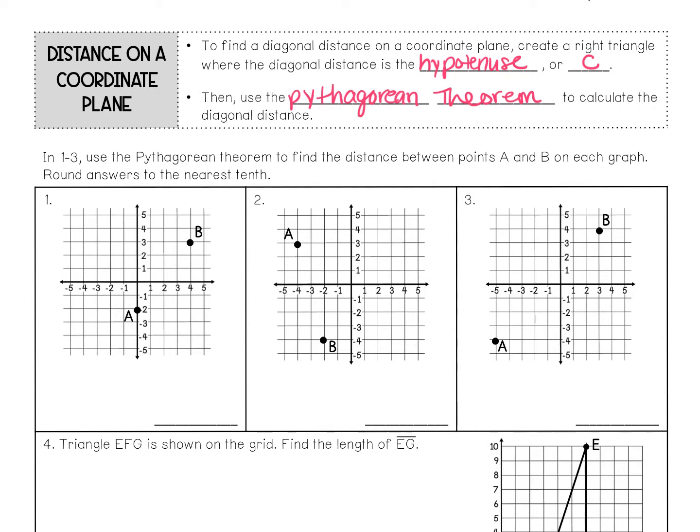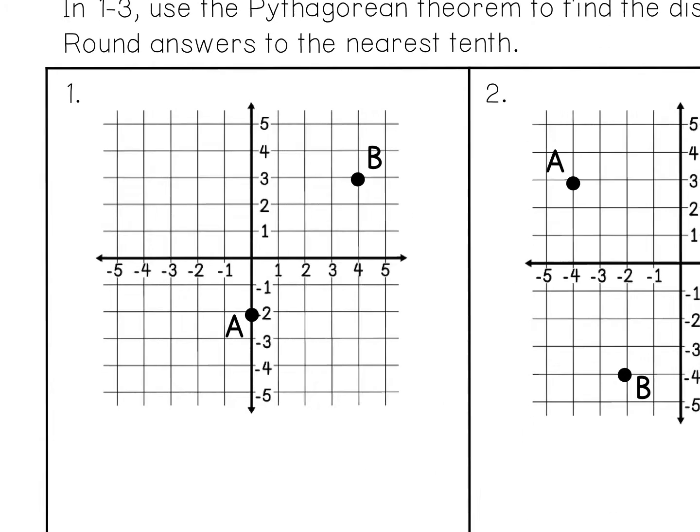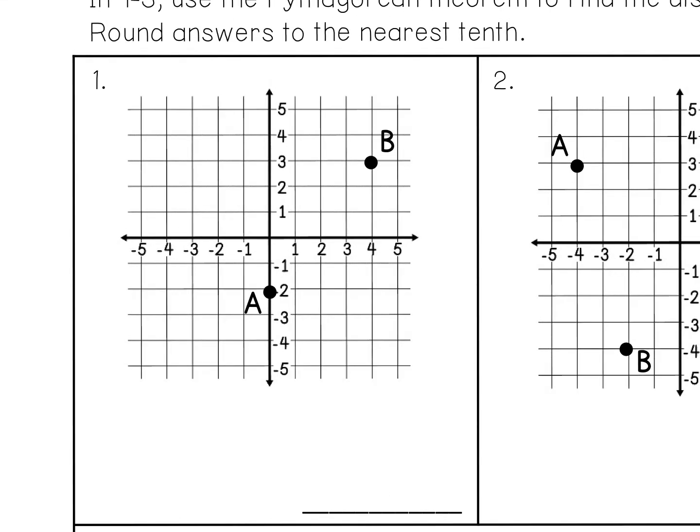Looking at problem 1, I want to draw a right triangle where this diagonal distance between A and B is my hypotenuse. In order to do that, I'm going to come up and over, so a straight line up and a straight line over, and that creates my right angle.